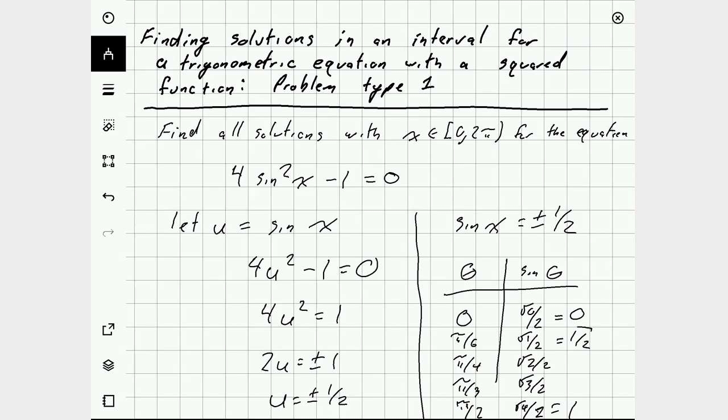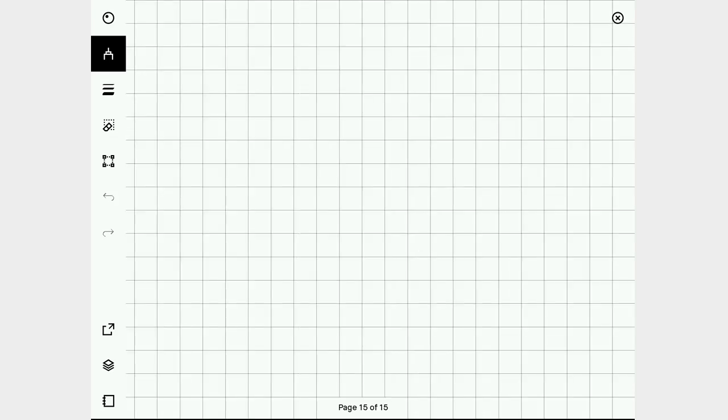To get 1/2, that means we're looking at a reference angle of pi over 6. And because we are plus or minus, we don't care whether sine is positive or negative, which means there will be solutions in all 4 quadrants.